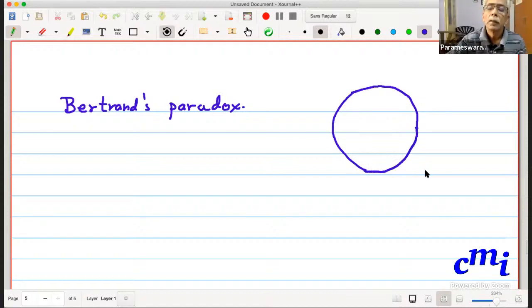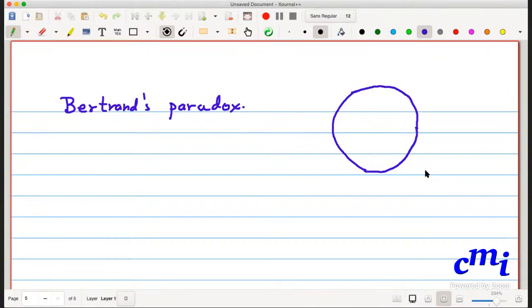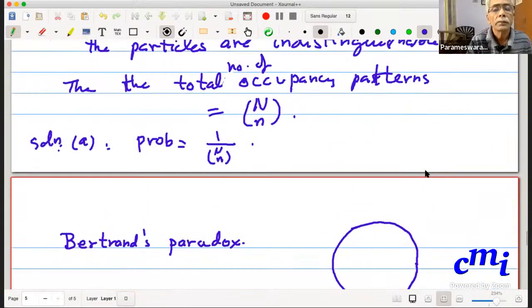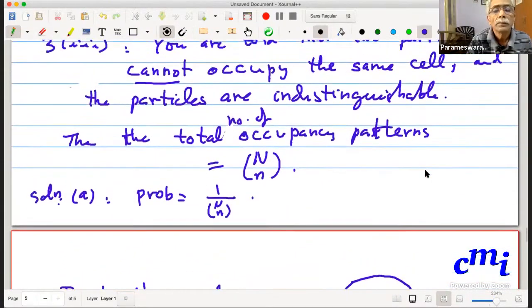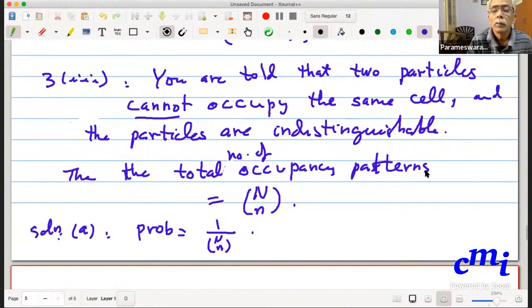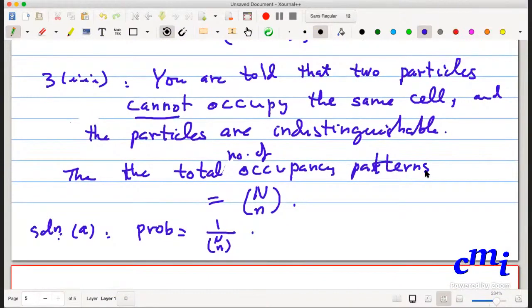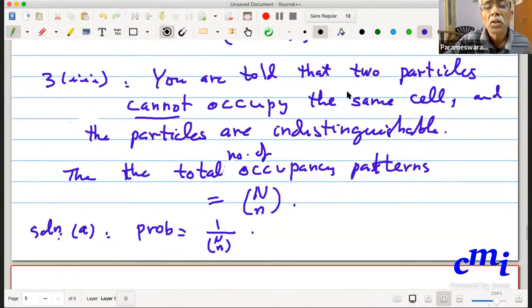Previously, this was not told to you. Previously, it is quite possible that more than one particle can occupy the same cell.